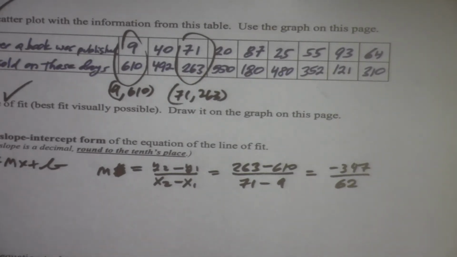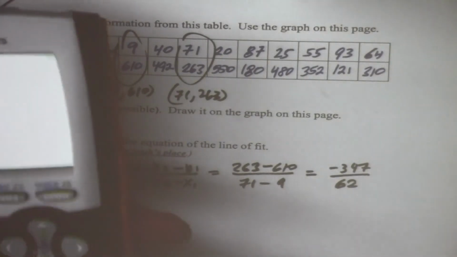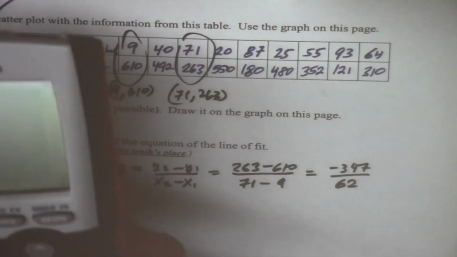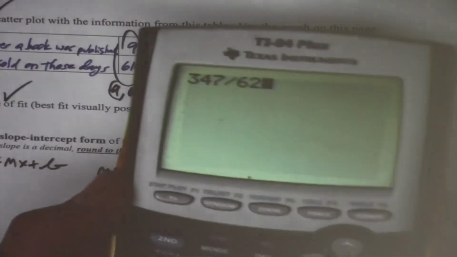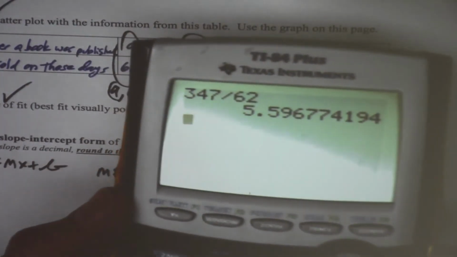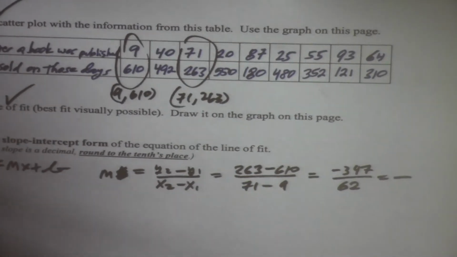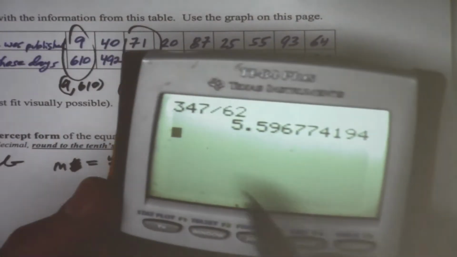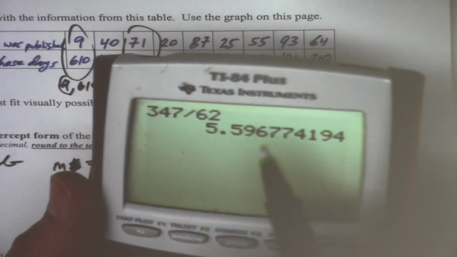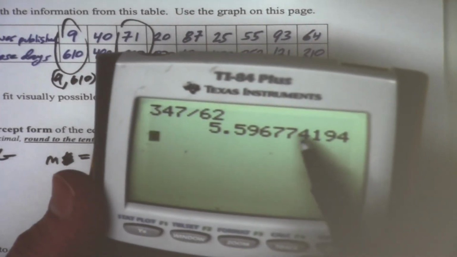When you get that, let's divide in the calculator. So I do 347 divided by 62. The calculator gives you that number. Now I know it's a negative. There's the negative here, so I'm going to put negative here first. I don't need to use the negative to do this. 5.59677.